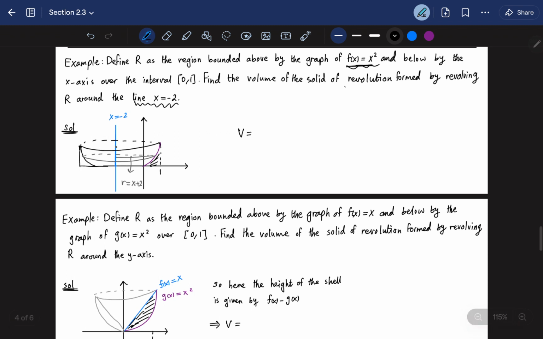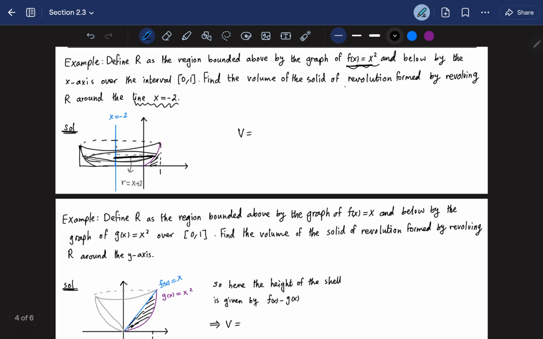Again, it's not accurate. Then if you take a cross section, you're going to get this kind of circle. If you take the radius of this, let's look here. The distance between the center of the circle to the end of the circle is going to be 2, because this is the distance from -2 to 0, plus the distance here, which is from 0 up to your function.